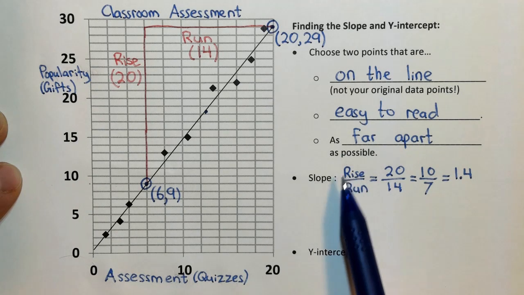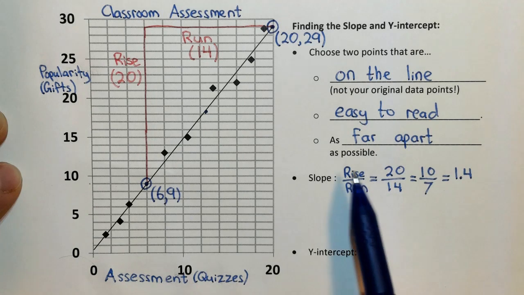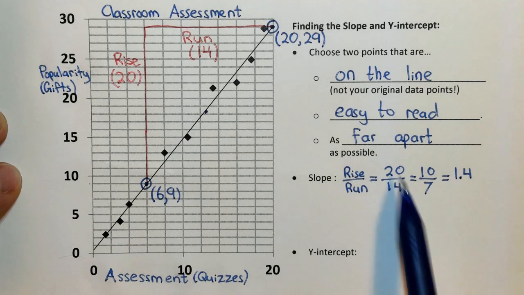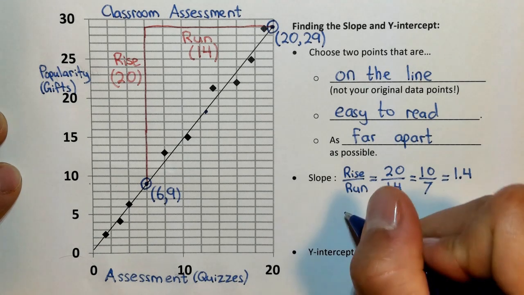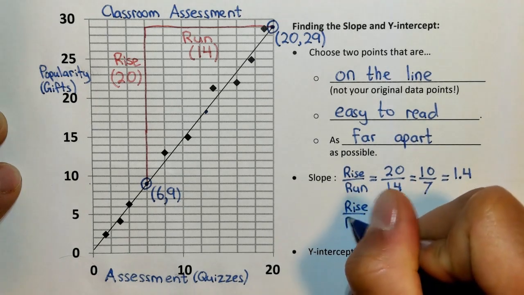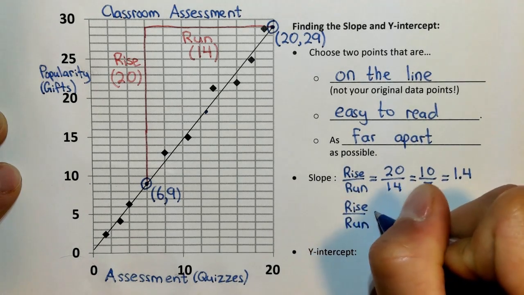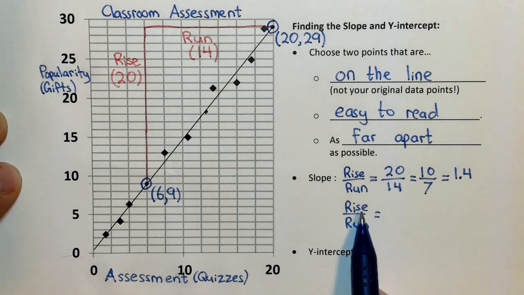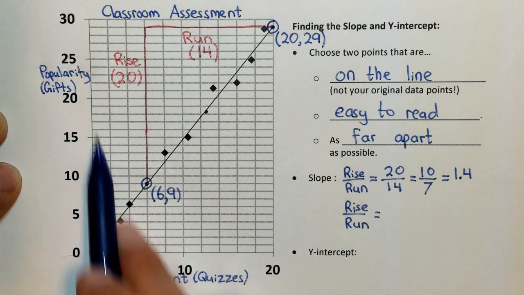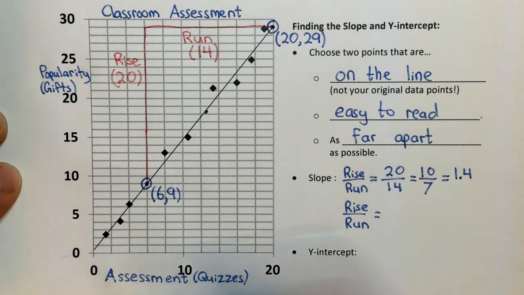But I can use any equation, not just with numbers, but with units as well. If I want to get a unit for the slope, I should put in a unit for the rise and a unit for the run. Let's try that down here. So the units of my rise, which was along my y-axis, is going to be gifts.